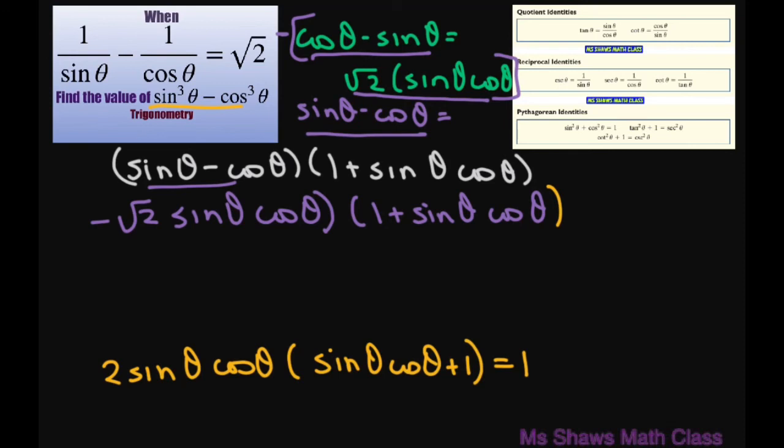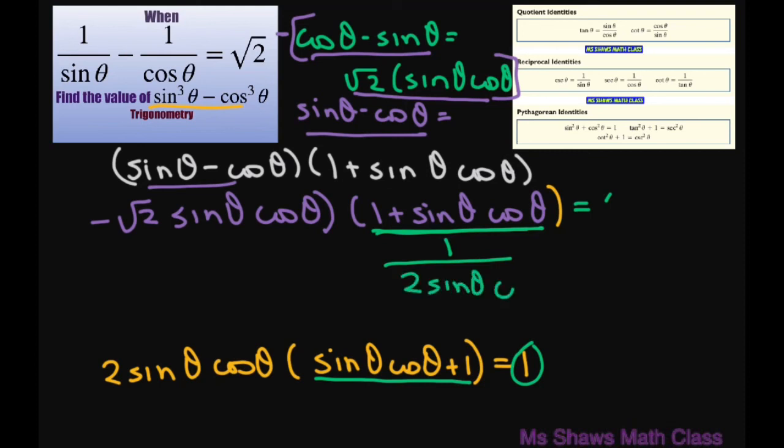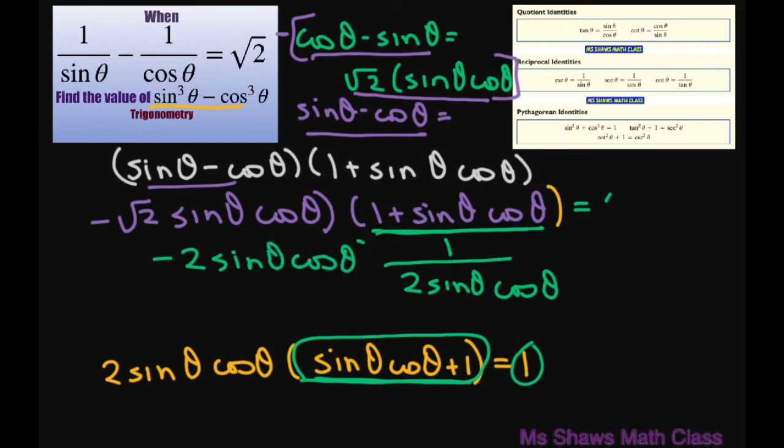We have 1 plus this right here, and this equals 1. So to solve for this, this is going to be 1 divided by 2 sine of theta cosine of theta. If I want to just solve for this, I get this. And then I still have this negative square root of 2 sine of theta cosine of theta here.